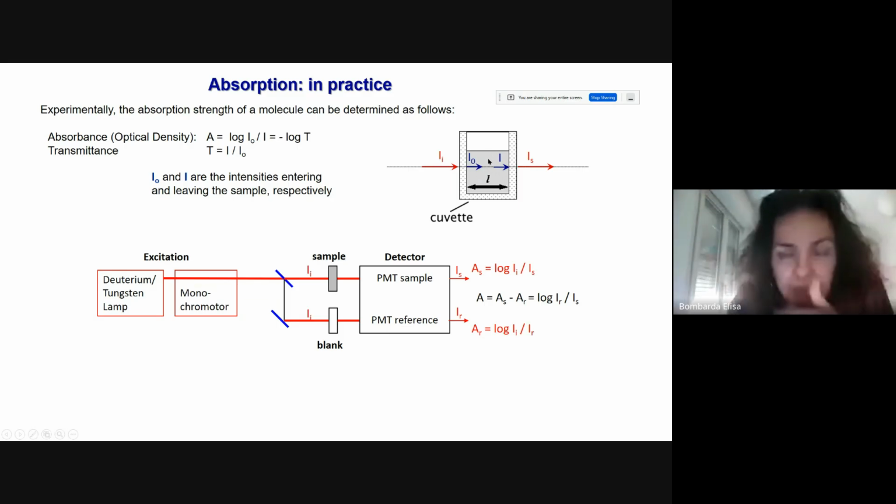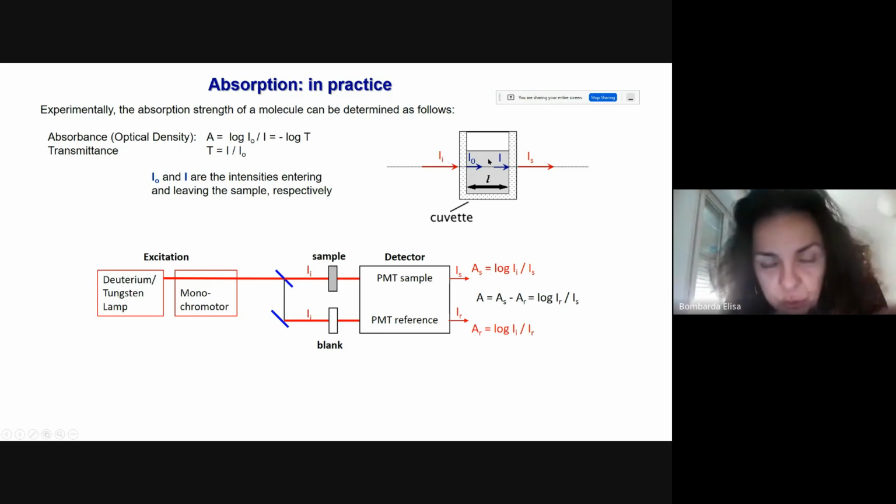We are not interested in the absorption of the solvent or the cuvette.